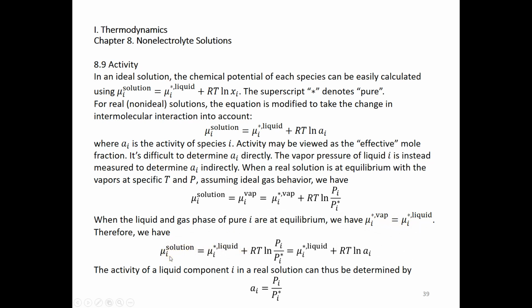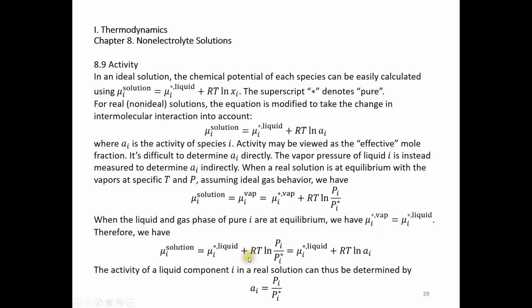Again, the chemical potential of species i in the solution is equal to mu i star liquid plus RT times the natural logarithm of Pi over Pi star. Essentially we copied these two terms right here, and we replaced this term with this term, because when the liquid and gas phase of pure i are at equilibrium, we have this equation. Therefore, this is equivalent to this.